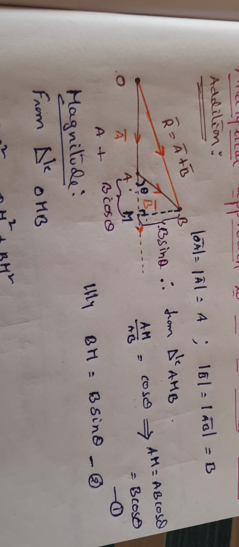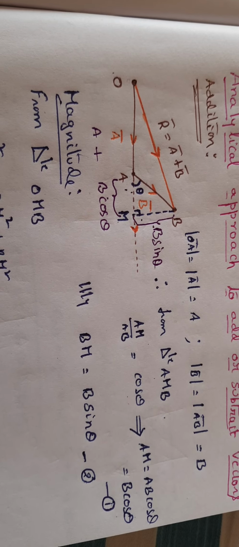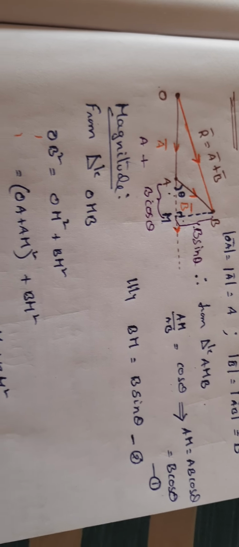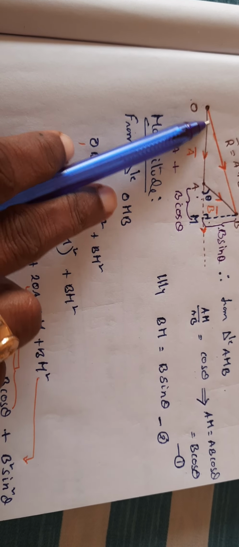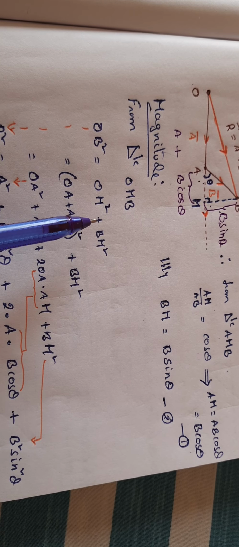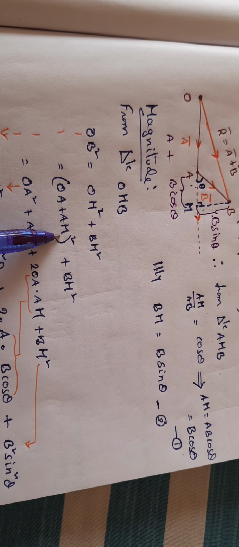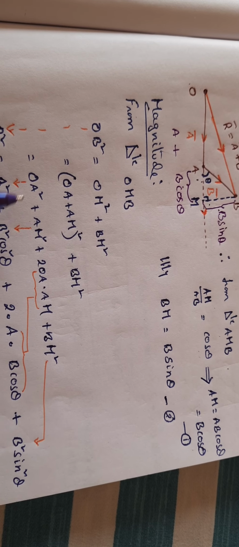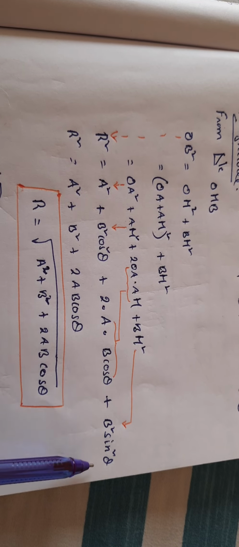Yes, applying Pythagoras theorem. Now, to find out the magnitude, we are going with the basic substitutions, OB being the resultant. So, OB square is equal to OM square plus BM square, where OM is OA plus AM, where OA is A plus B cos theta, substituting and then further simplifying.